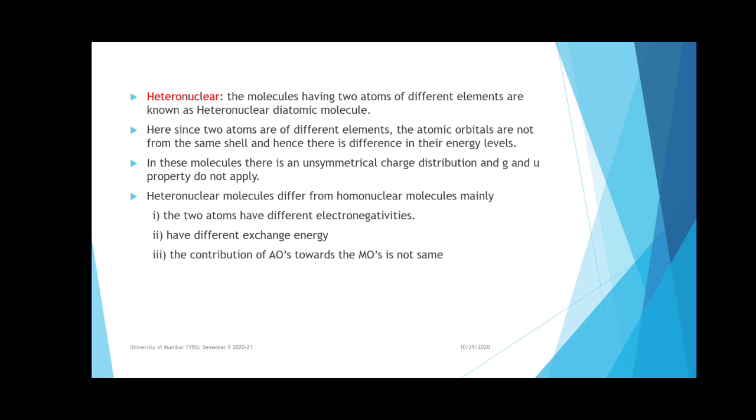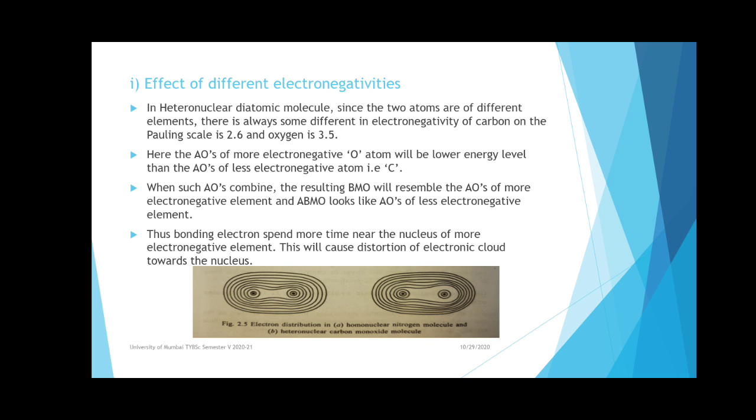Second, they have different exchange energy, and third, the contribution of atomic orbitals towards molecular orbitals will not be the same. So these three factors differentiate the heteronuclear molecule from homonuclear diatomic molecules. Here we will discuss those three.